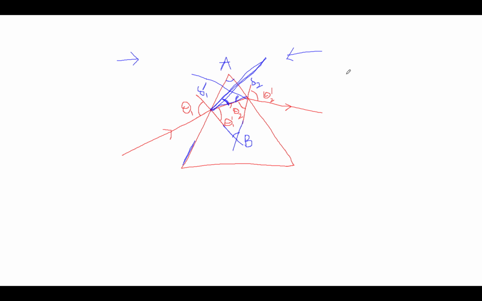If I assume that this refractive index n1 is simply 1, that is air, and I call the refractive index of this prism n, then for the incident ray, we can write Snell's law as sine theta 1 is equal to n sine theta 1 prime.